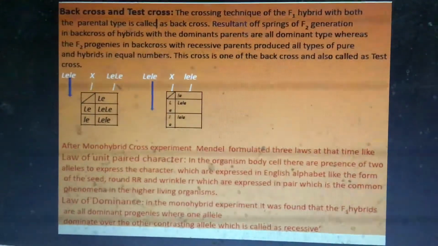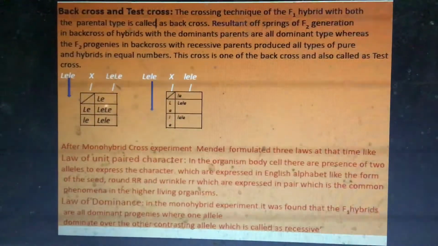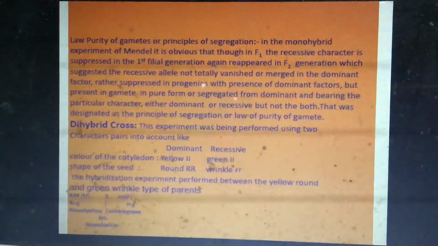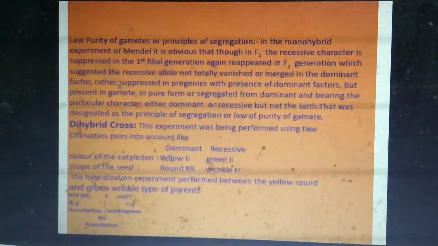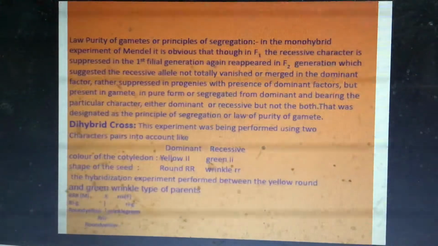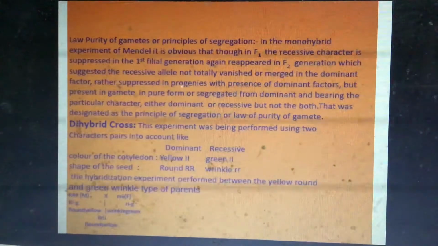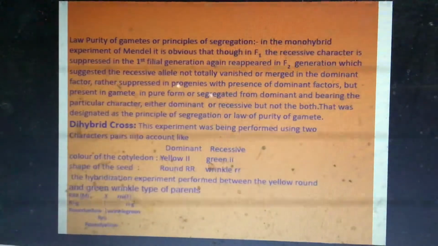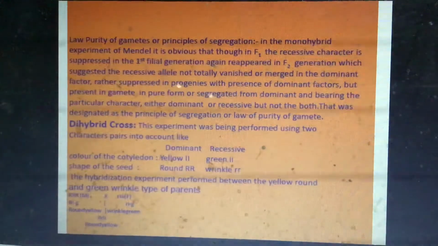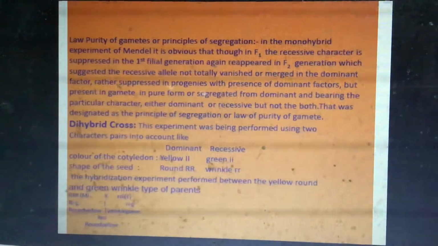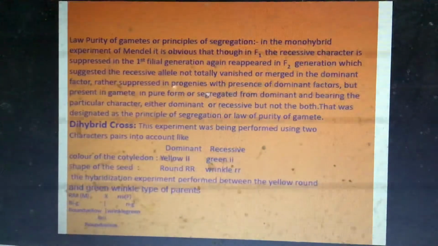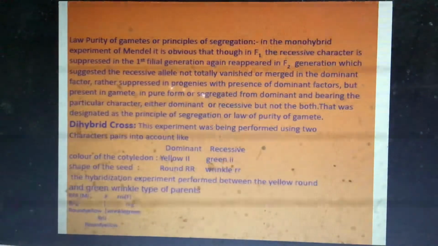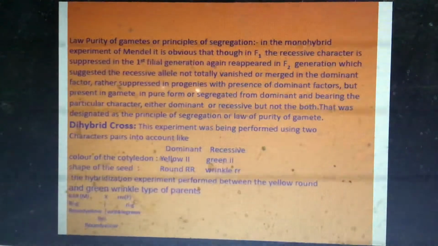Then the law of segregation, or purity of gametes. That is the most important principle observed by Mendel, because during gamete formation, both the characters are segregated in pure form. Suppose capital T and small t are both present in a hybrid plant, which is tall. But during gamete formation, capital T went to one gamete and small t went to another gamete.